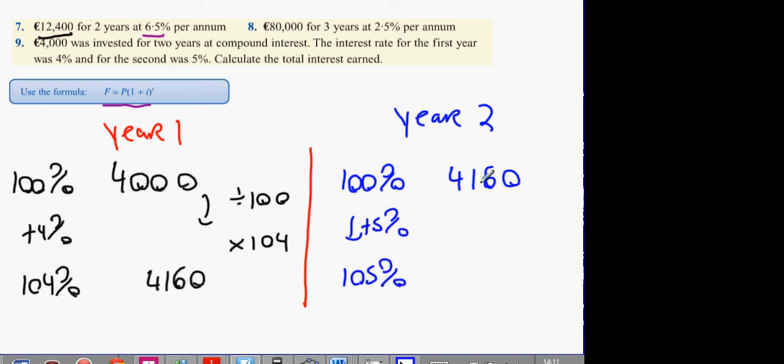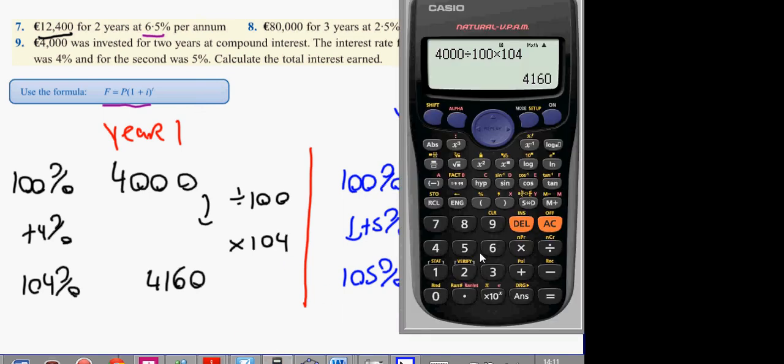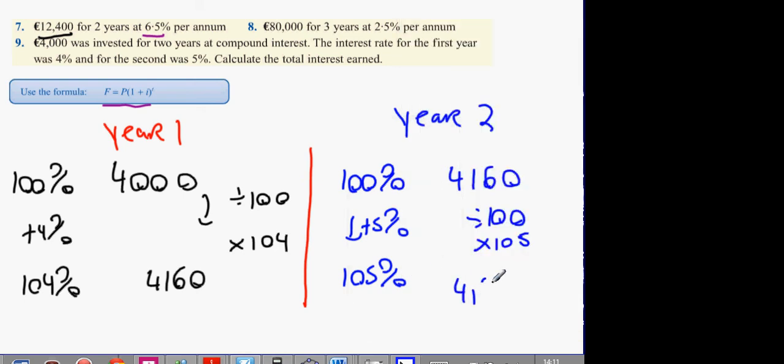So you got to turn 100% into 105. So you divide by 100, and you get what 1% is, then you multiply it by 105. So it's going to be 4,160 divided by 100, multiplied by 105. And what we get there is 4,368. Okay? 68.